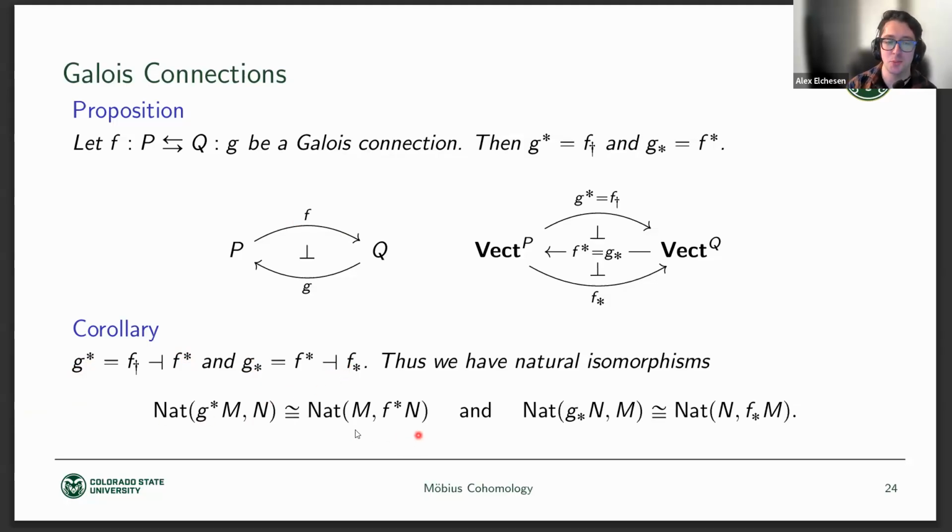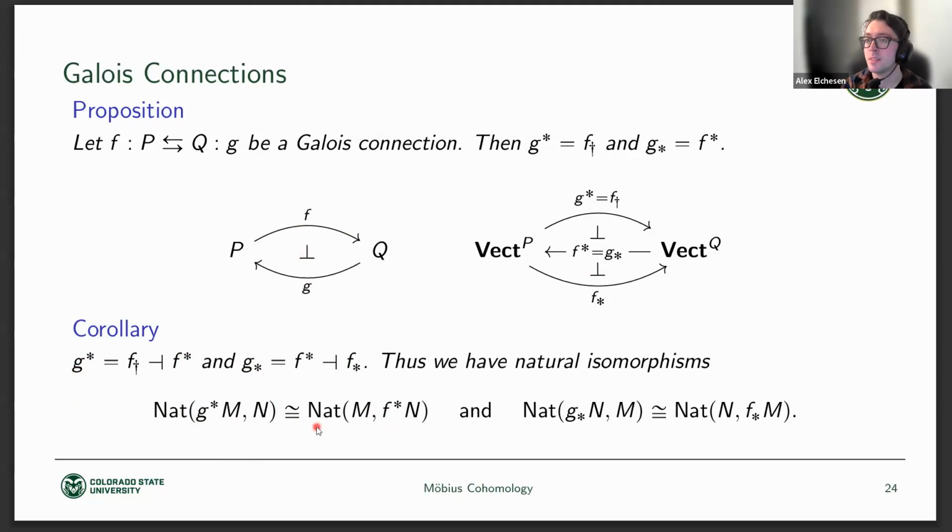And so we have these natural isomorphisms. Pullback along G is isomorphic to, or left adjoint to, pullback along F. Same for push forward. So it reverses the direction, right? F is left adjoint to G, but then when you do these pullbacks and push forwards, you reverse the adjunction.